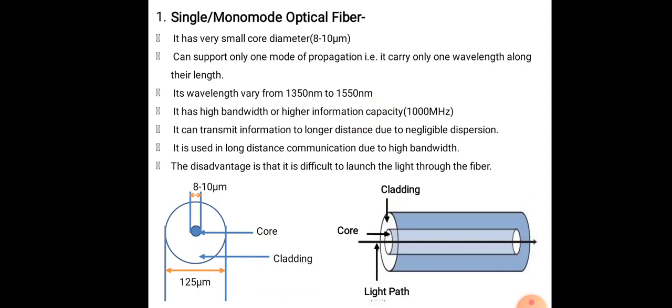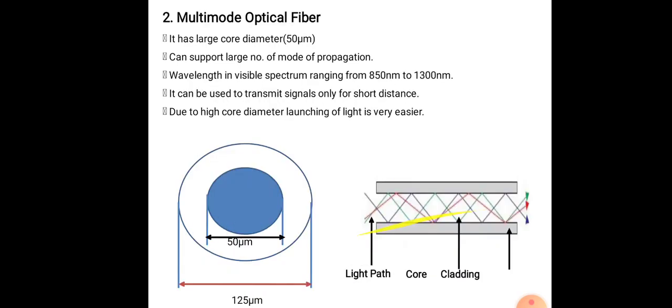This type has one disadvantage also: due to the small core diameter, it is difficult to launch the light into the fiber. So this is about the single or monomode optical fiber.